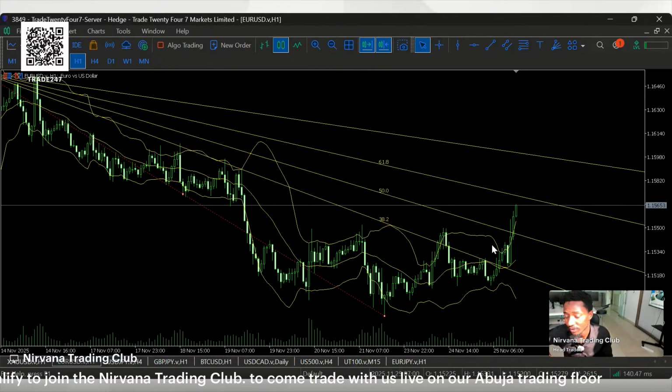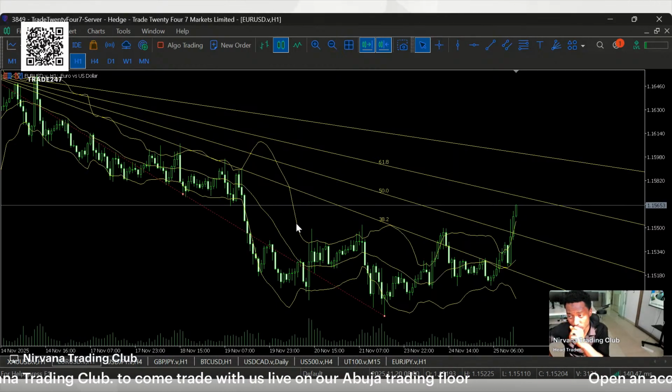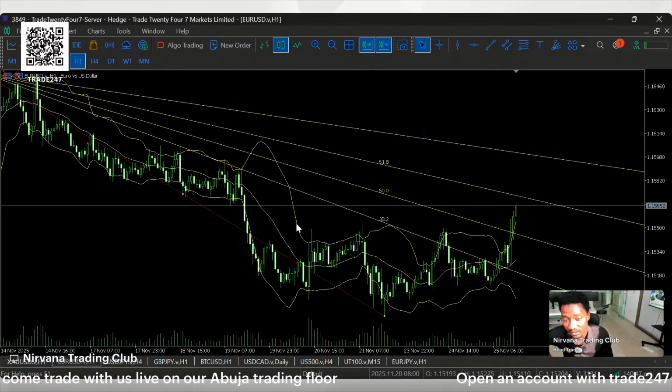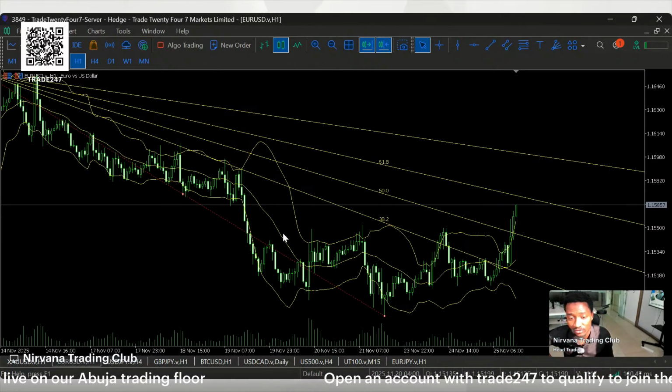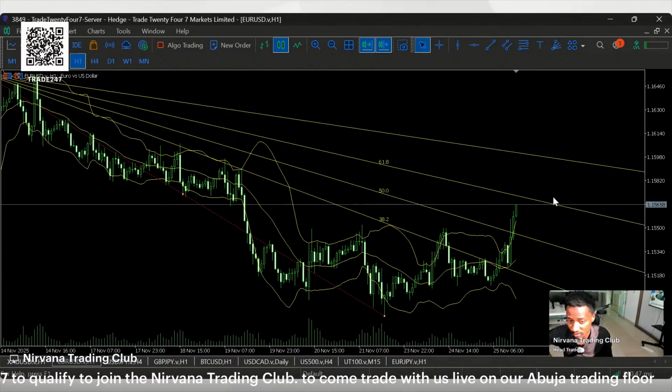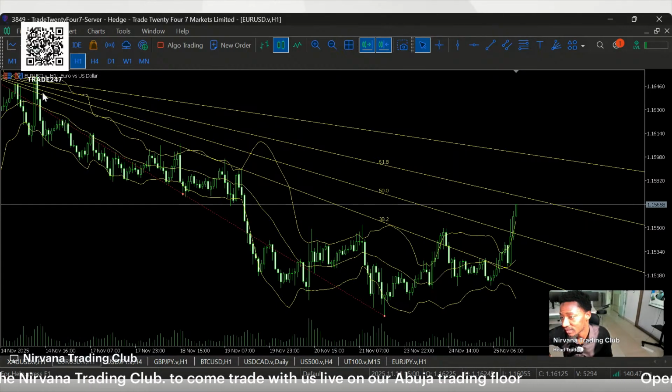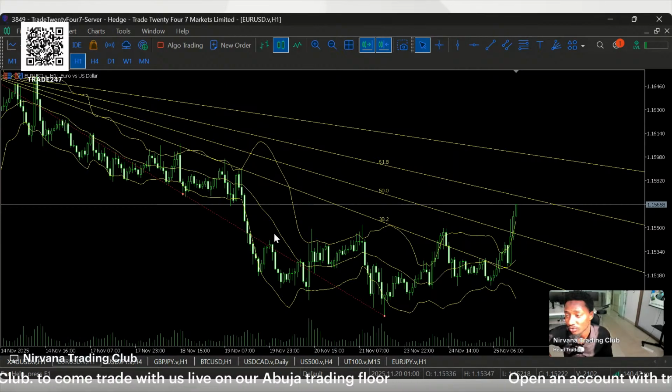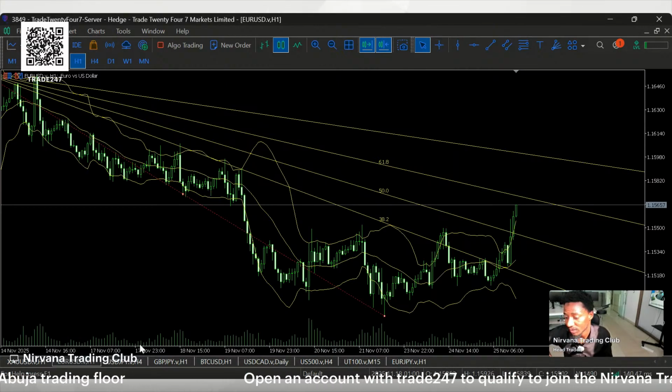But before jumping on any trade, we'll pan towards the lower time frames, the 15 and the 5 minutes, for a candle formation that will inform us that we have sellers that are active. This zone is a supply zone. On Euro USD, we are anticipating that kind of formation on the lower time frame.